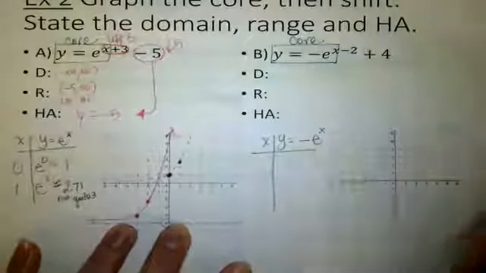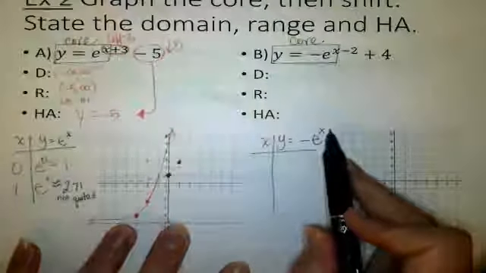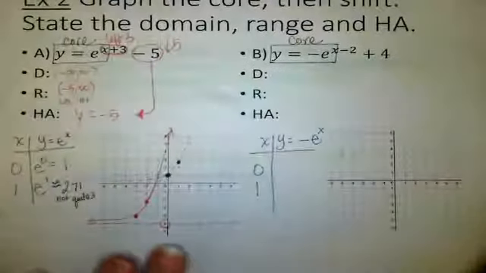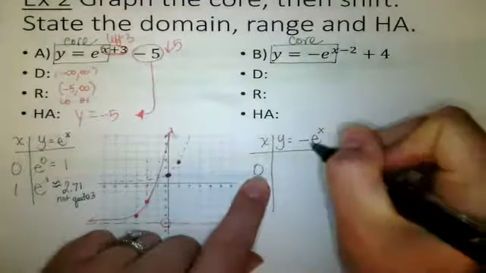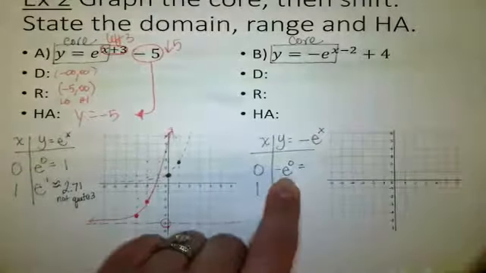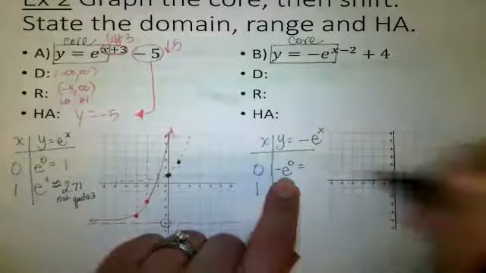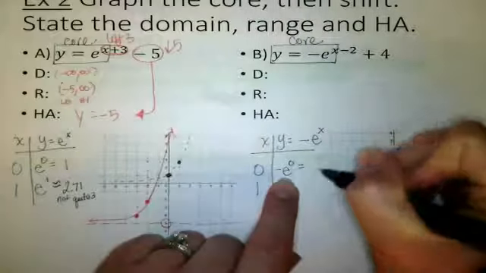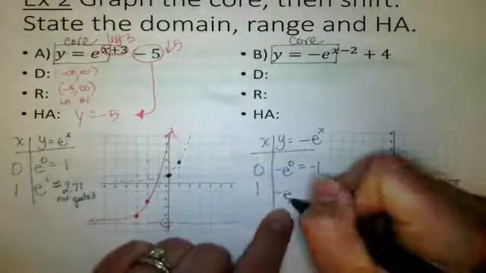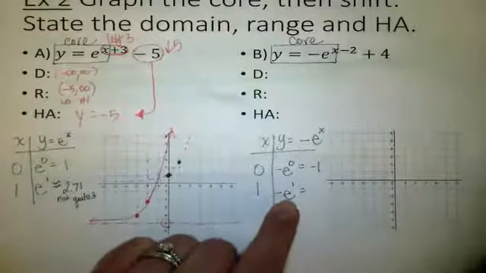So this is negative e to the x for my core, and again, I'm just going to plug in 0 and 1. So we have negative e to the 0. What is negative e to the 0? Negative 1. E to the 0 is 1, but there's a negative in front, so it's negative 1. And then we have negative e to the first. So what is negative e to the first?